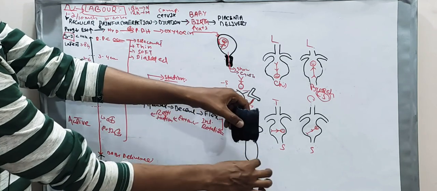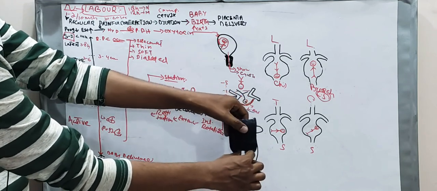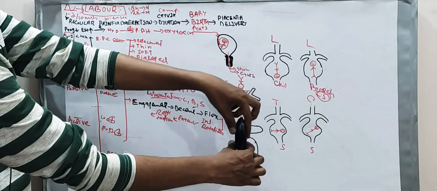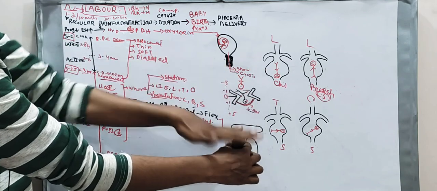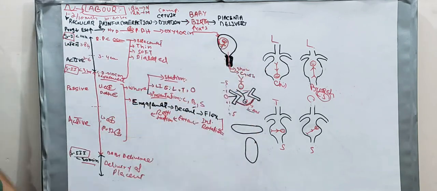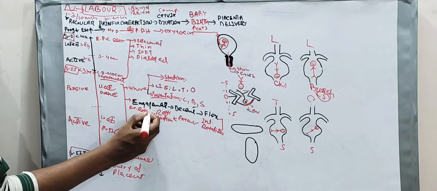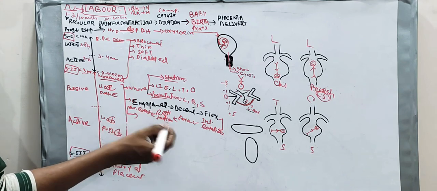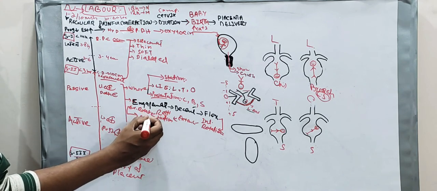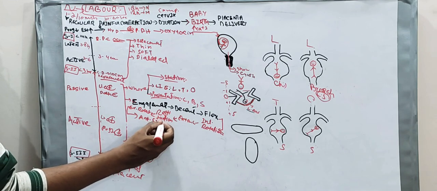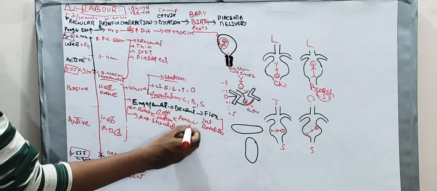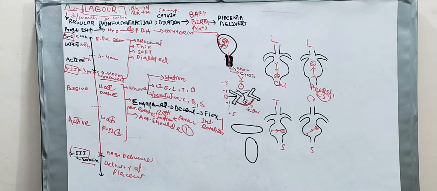So when the head is outside, it has to rotate again so that the shoulder, the widest part of the body, is in AP view and can easily slip through. So it will undergo external rotation. After the external rotation, the baby is delivered and the anterior shoulder is the first part to be delivered. So this will complete the whole process.